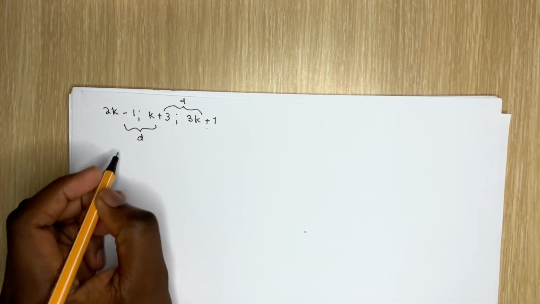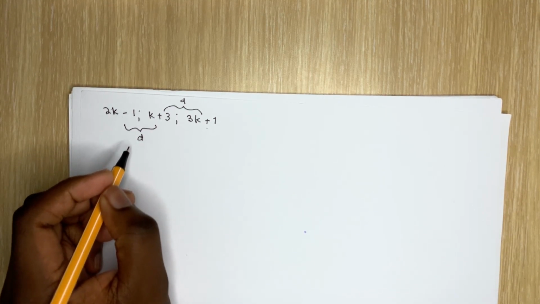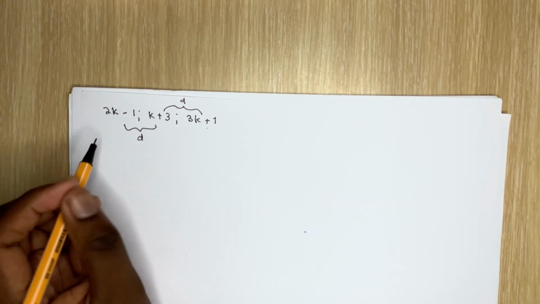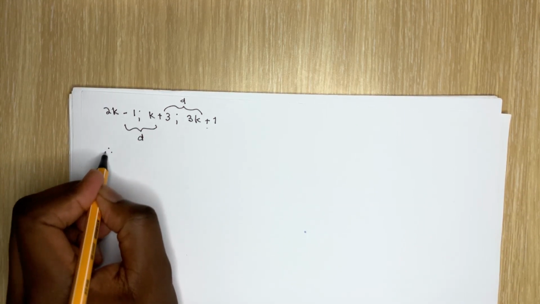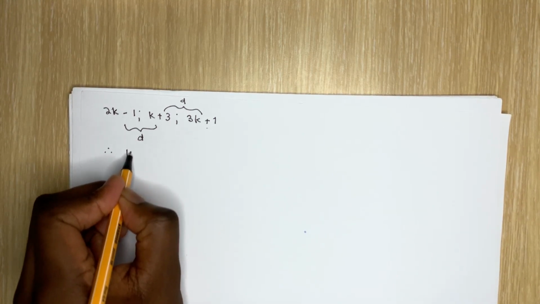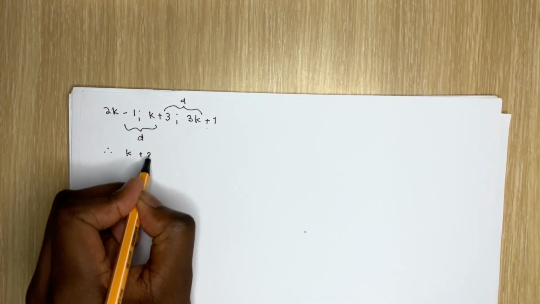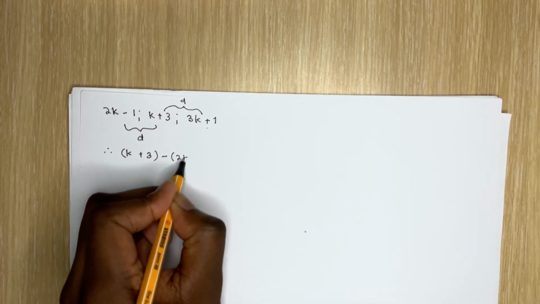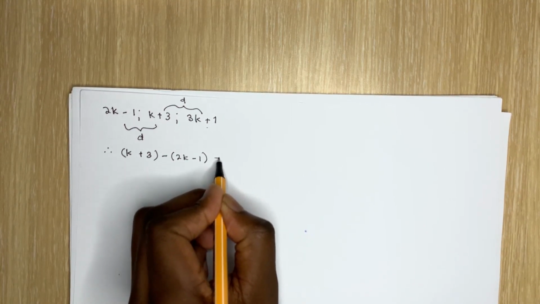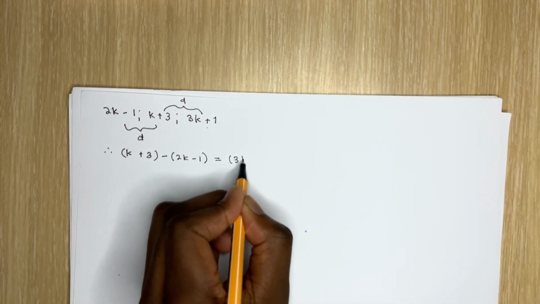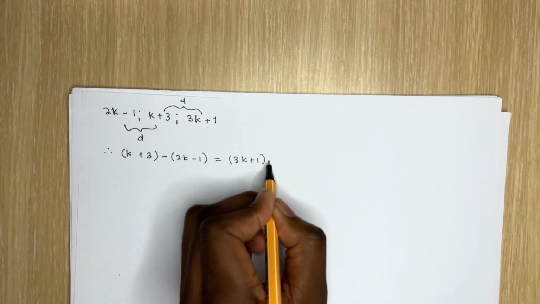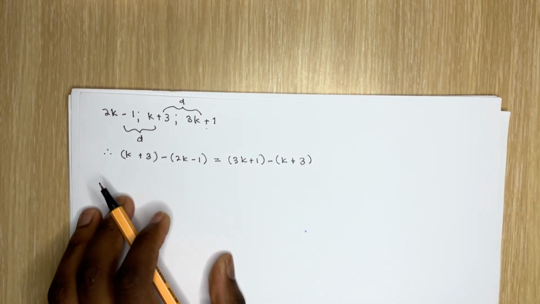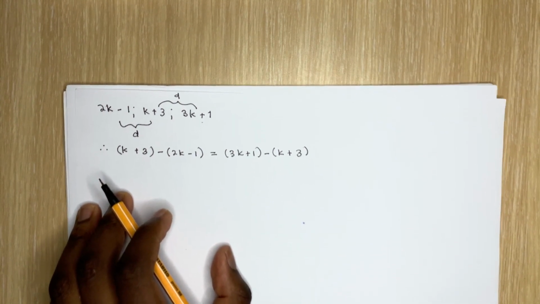And we know that for an arithmetic sequence, the value of d is supposed to be the same. Okay, that is the common difference. Therefore, we can say that k plus 3 in brackets minus 2k minus 1 is equal to 3k plus 1 minus k plus 3. Okay, so that is the common difference. We know the common difference is supposed to be the same.